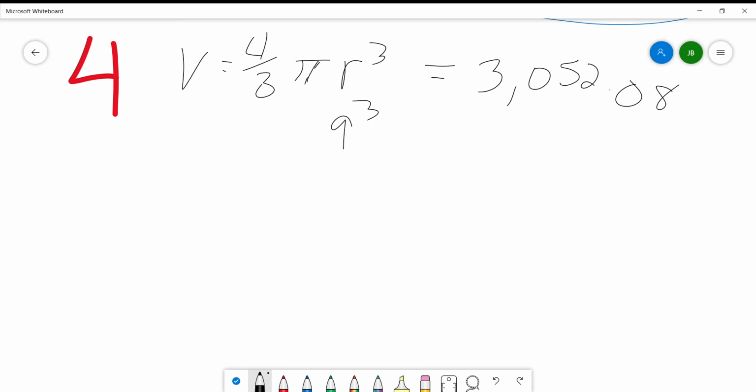Are we in centimeters still? Cubic centimeters. Yep.